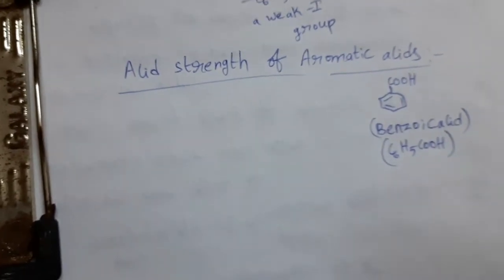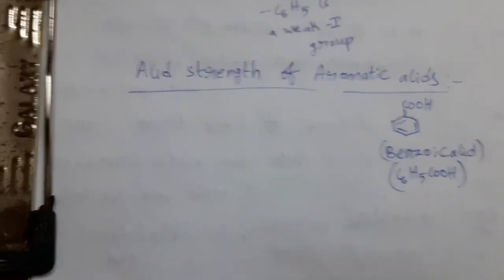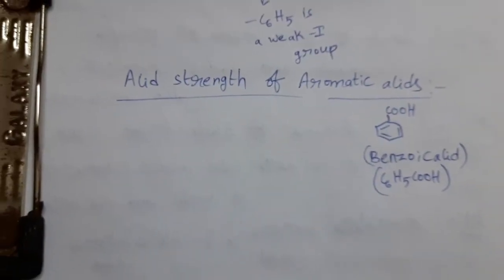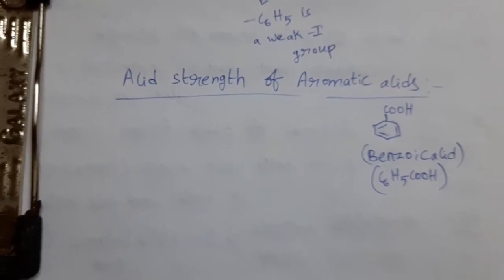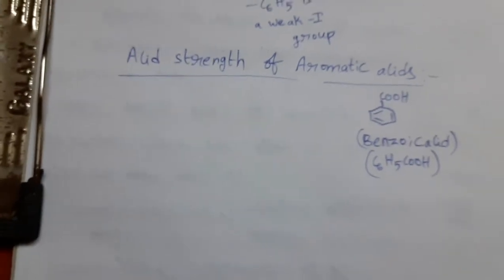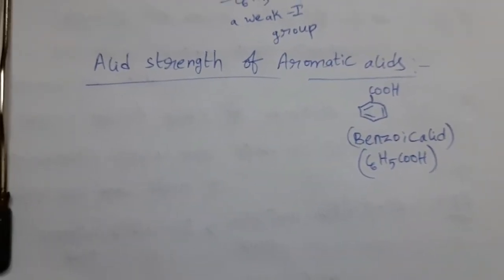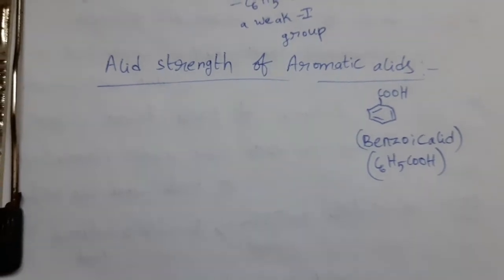Now, on this benzoic acid, substituents are there. Then what is their acidic strength? Electron donating substituents, electron withdrawing substituents. Two types of substituents are possible. Which type of substituents can increase the acid strength and which type can decrease the acid strength, we will see.